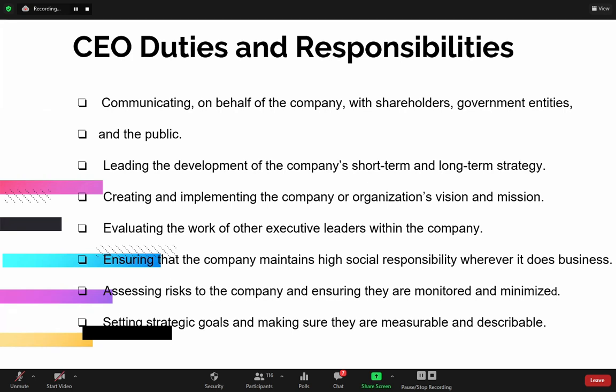Some of the duties and responsibilities of a CEO are communicating on behalf of the company with shareholders, government entities, and the public, and leading the development of the company's short-term and long-term strategies. The CEO is also a leader because he advises the board and advocates organization and stakeholder changes related to the organization's mission.